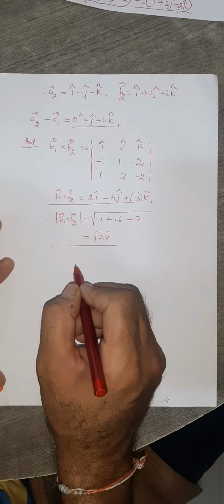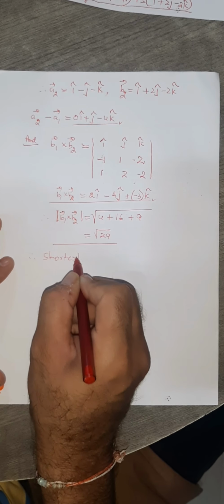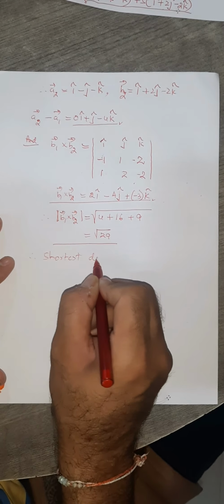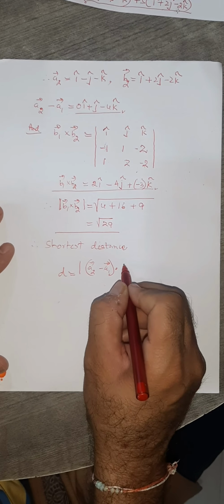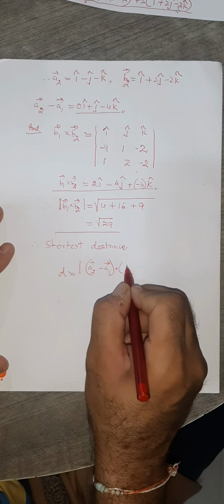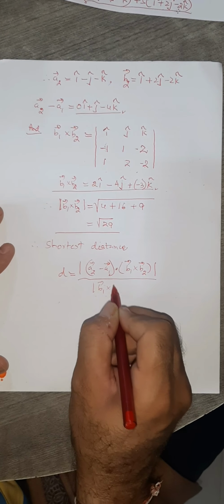Okay. So now I'll write, therefore, shortest distance, that's d, equals modulus of (a2 minus a1) dot the cross product b1 cross b2 upon the magnitude of this cross product.